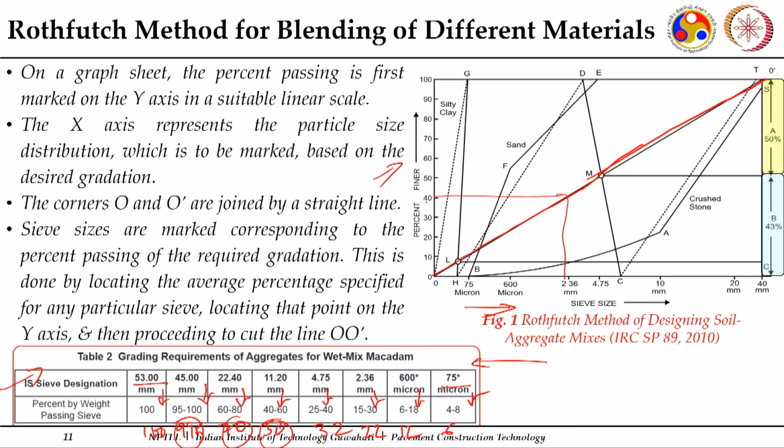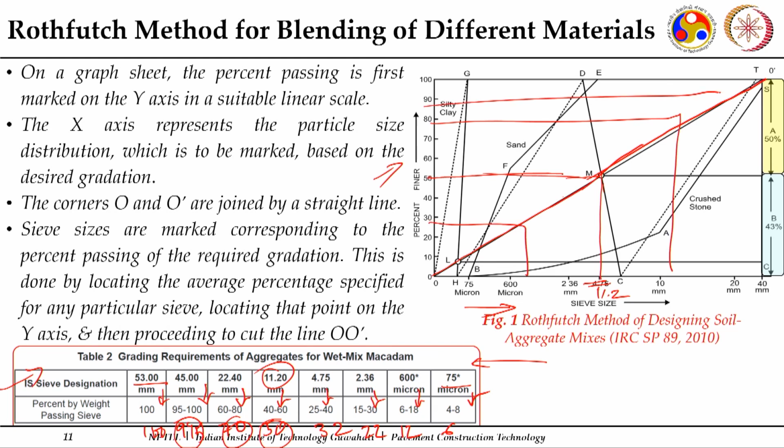So I will go for 50%, I will drop a line down, and this 50% will show me the 11.2 sieve size for this example. Similarly, all these will be marked and plotted down, so I will get all these sieve sizes on my x axis corresponding to these mid values.